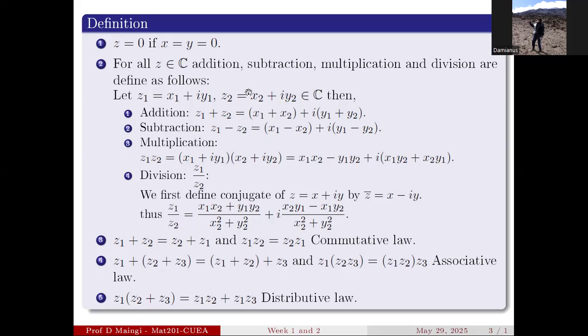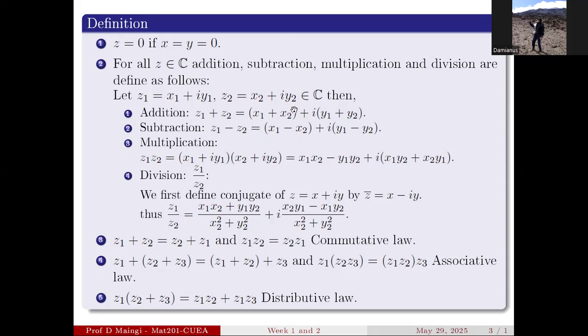So the new fraction, X1 plus iY1 over X2 plus iY2, will be equal to X1 plus iY1 over X2 plus iY2 times the complex conjugate of the denominator, which is X2 minus iY2.